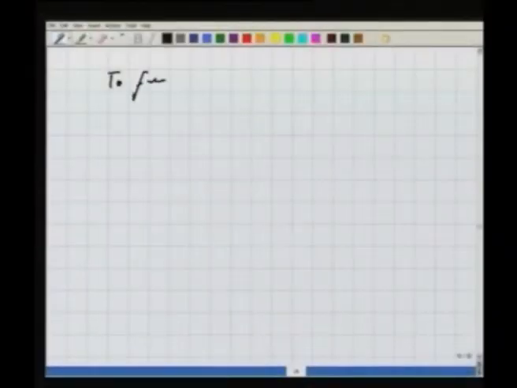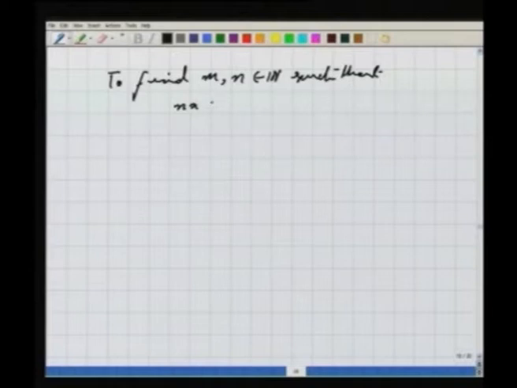Well, what does it mean to say that I will find these numbers? It means that I need to find m and n such that nx is less than m and this is less than ny.